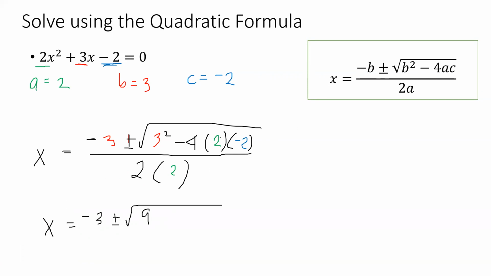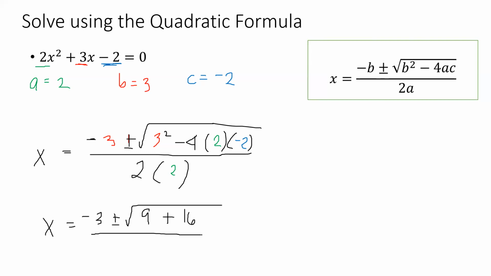Now, in multiplying numbers, you can first multiply the values and forget about the sign. So 4 times 2 times 2 is 16. To determine the sign, imagine negative times positive times negative, and that is positive. So this is addition.